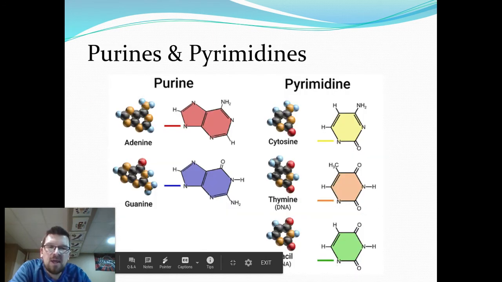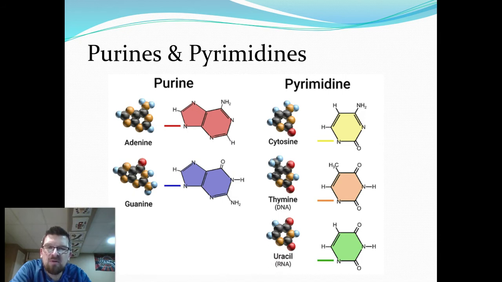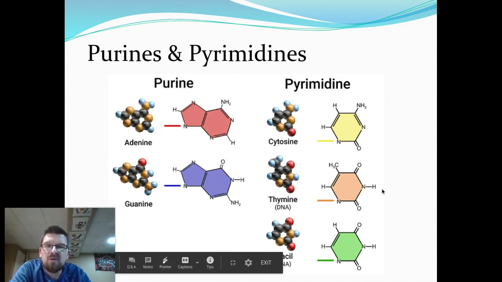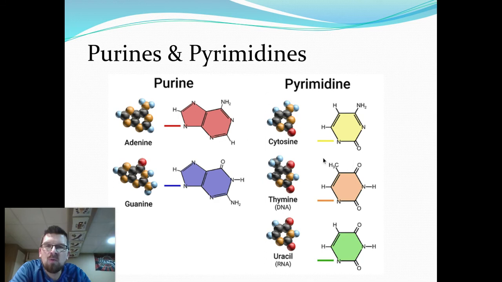Now, again, as I said, terminology here is not as important. However, some people are going to hear more about this, and there is a way to use these vocab words to demonstrate some more advanced knowledge, right? So something to keep in mind is that whenever we see a bond, it's always going to be between one, what we call a purine, and one pyrimidine.